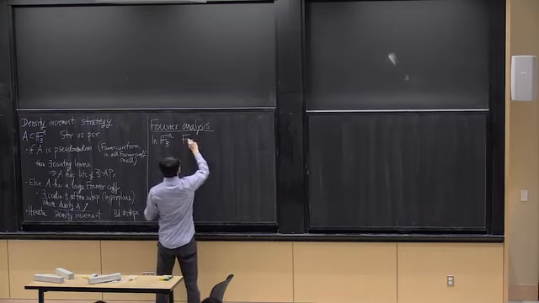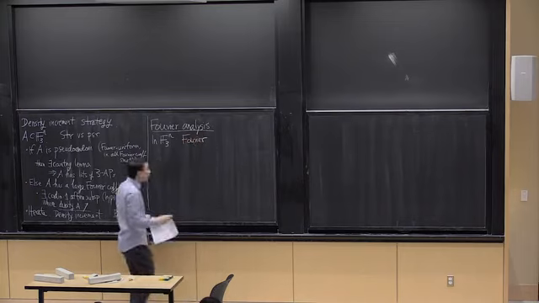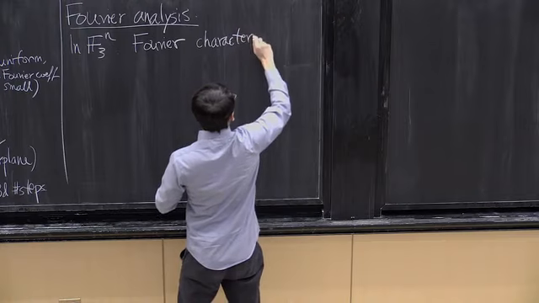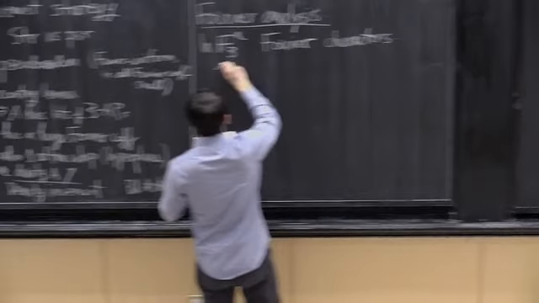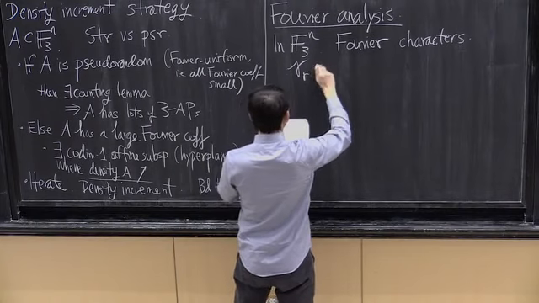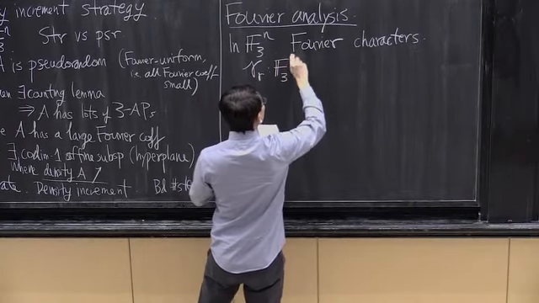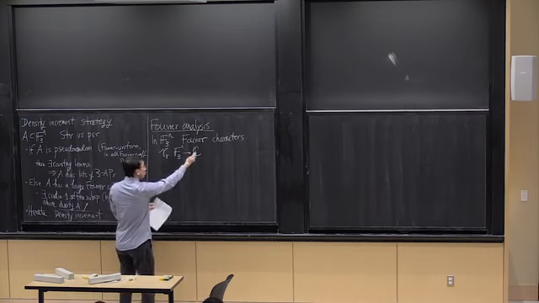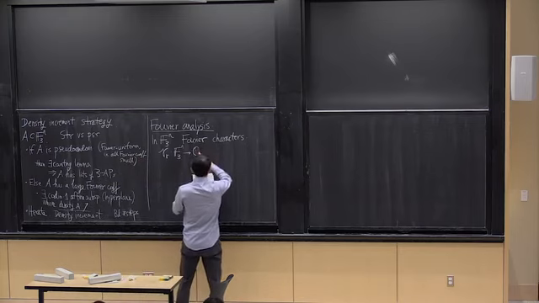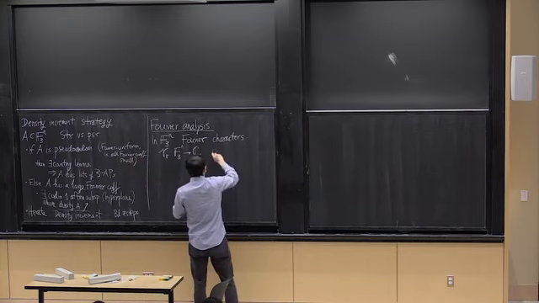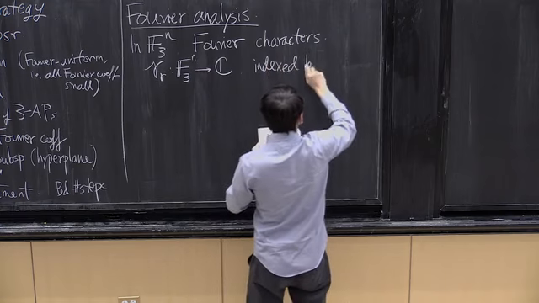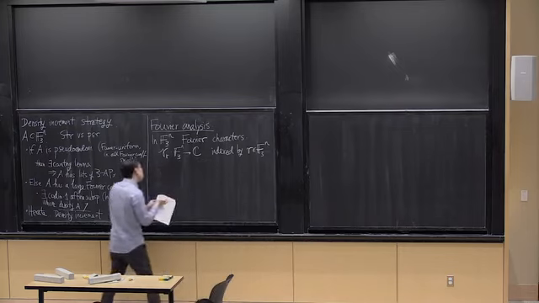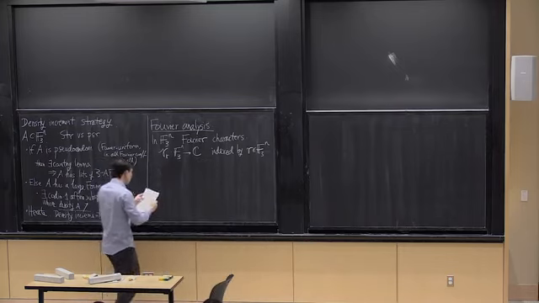So the main actors in Fourier analysis are the Fourier characters. The Fourier characters are denoted gamma sub r, and they are characters on the group, meaning that they are maps which happen to be homomorphisms to the multiplicative group C under multiplication, and they're indexed by r, which are also elements of F3 to the n. Okay, so I'm going to be fairly concrete here.